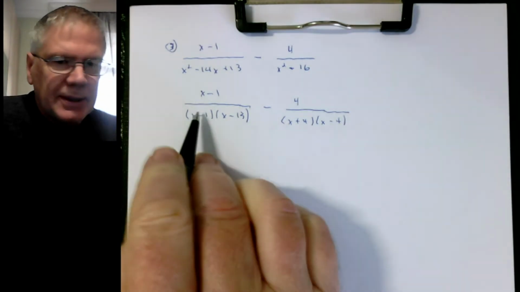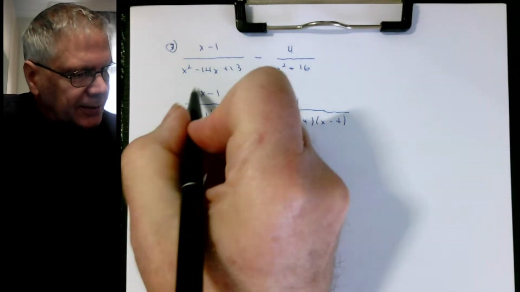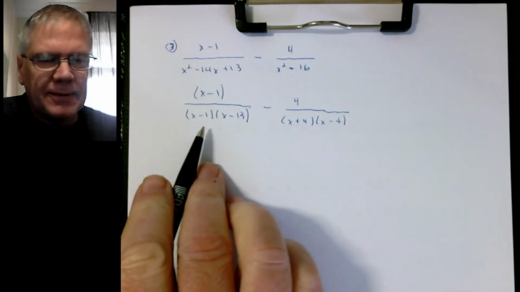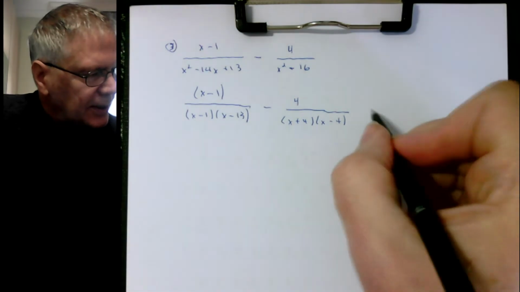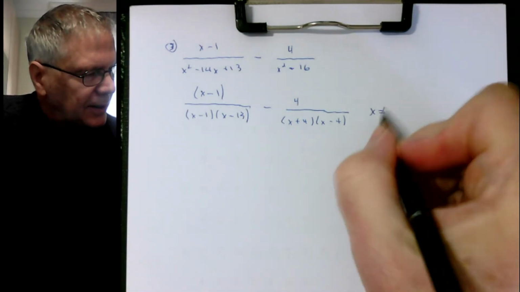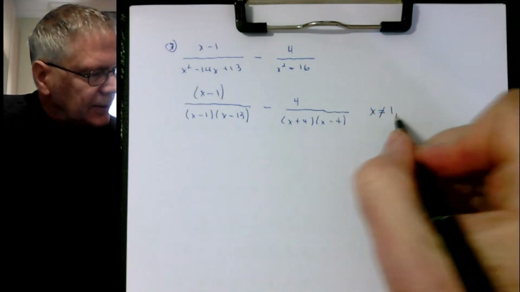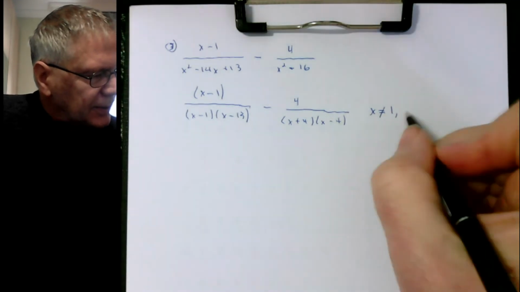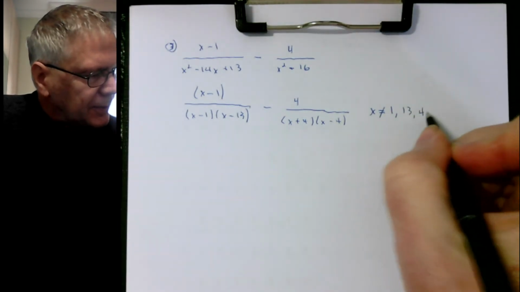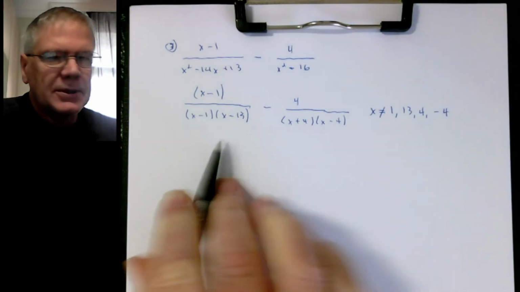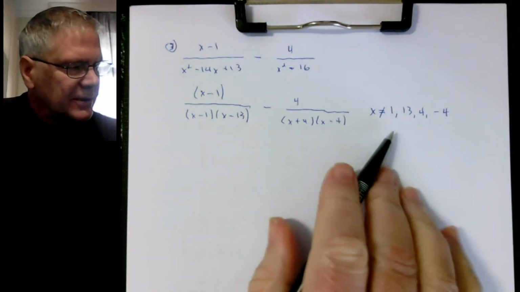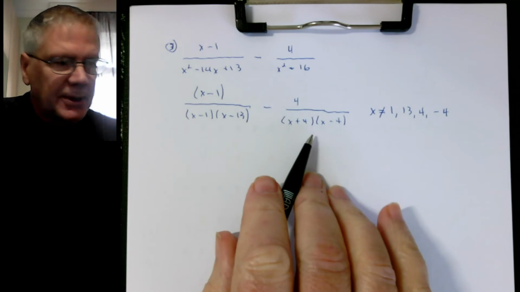Now we can see that in this expression we have a factor we can cancel, but we have to be careful when we cancel this, because x in this problem cannot be equal to 1 or 13 or 4 or minus 4. These are not in the domain. If you put any of those numbers in, you'll have a 0 denominator.